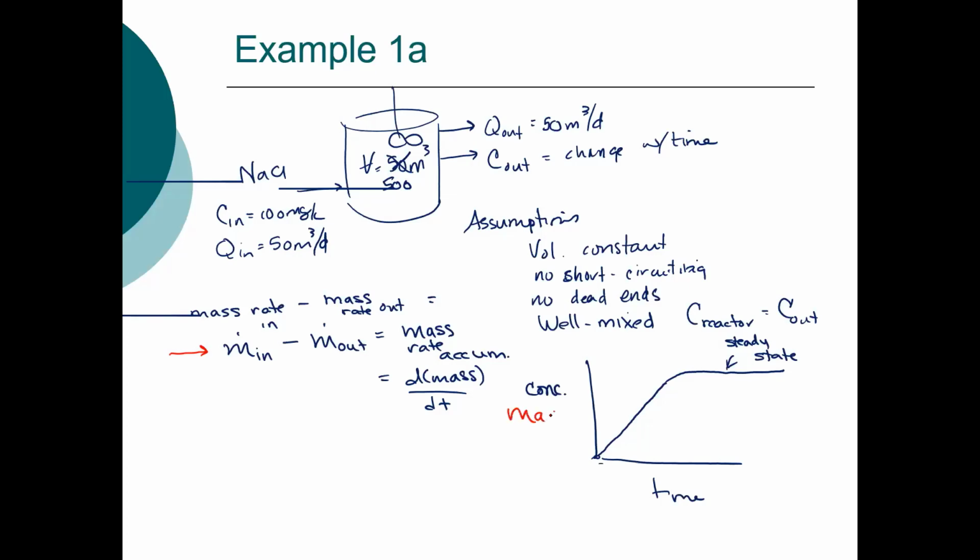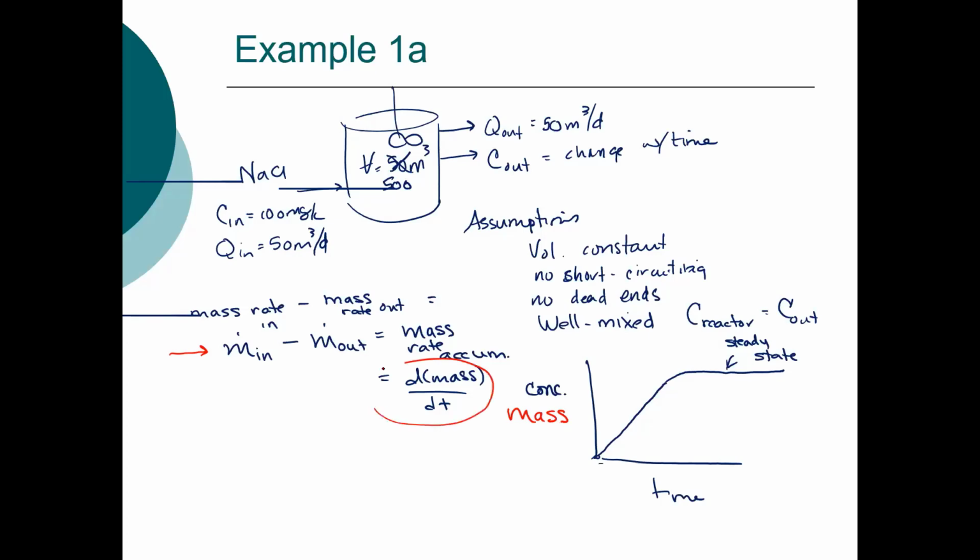Now, I could have written this for mass versus time. Why, in this case, is mass interchangeable with concentration? I want to try and answer that in the chat. Why is mass interchangeable with concentration?